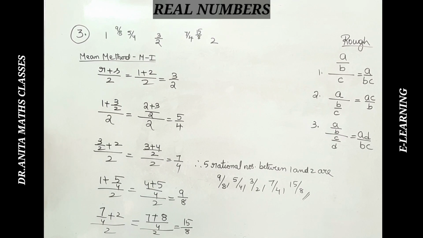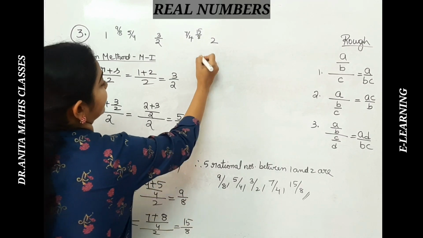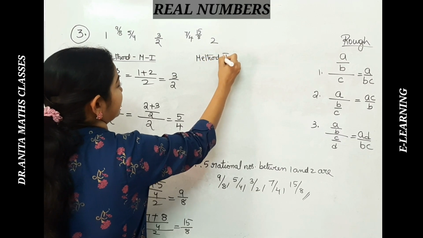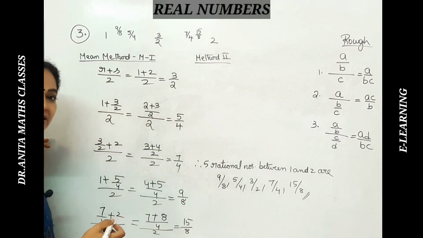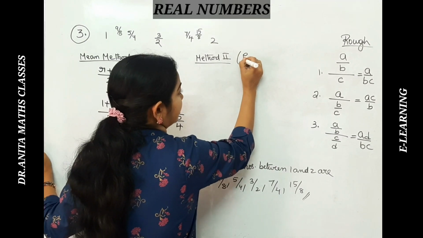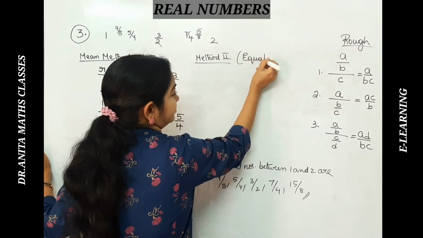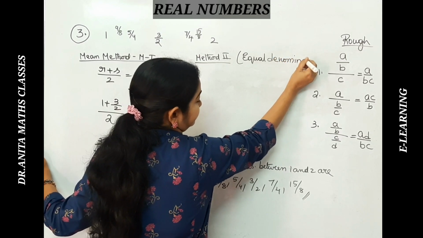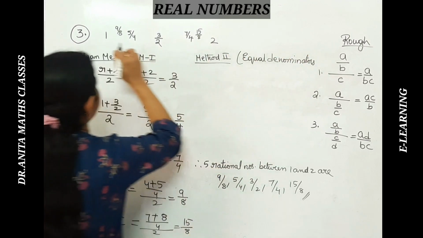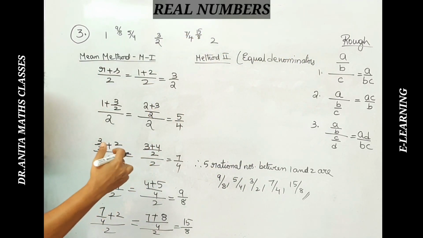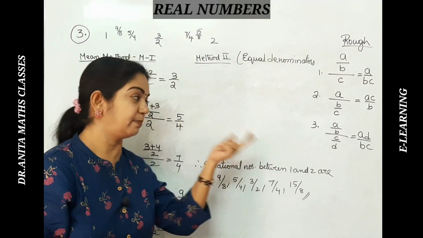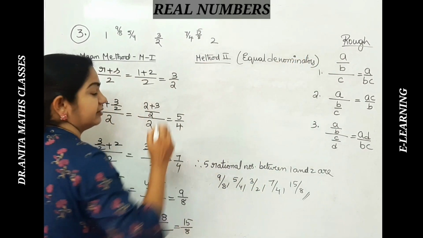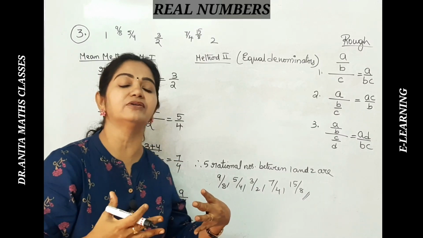Now, the second method. Whichever method is easier we can use. This method works out well when the denominators are equal. For equal denominators only this works well; the denominators must be the same. Here, 1 and 2 have denominator 1 only, 1 upon 1, 2 upon 1. Also this method works well when there are more rational numbers.